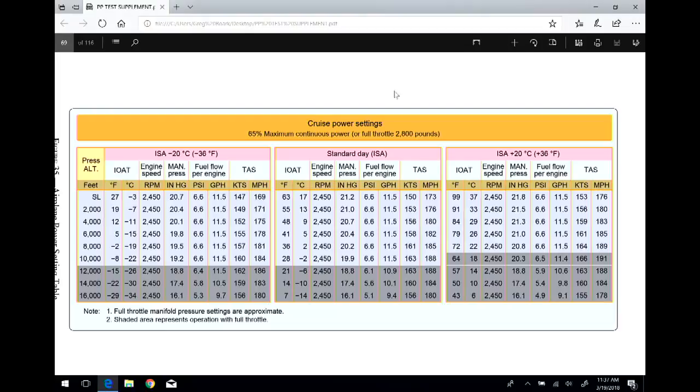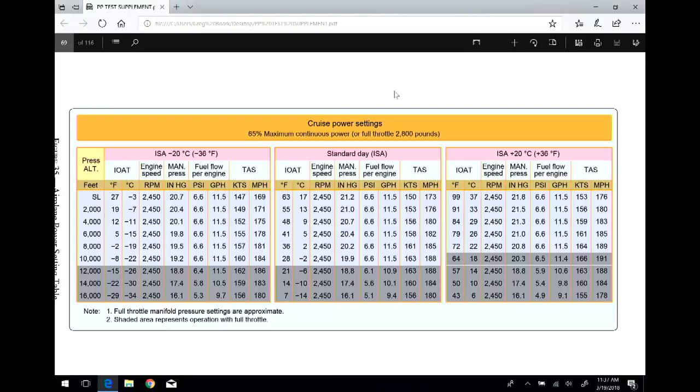Okay? So we would go to this in our pre-flight planning to first of all determine what altitude I am going to fly, what is the forecast temperature for that particular day, because those things are going to affect the performance of our aircraft with regard to the amount of power that we can use.